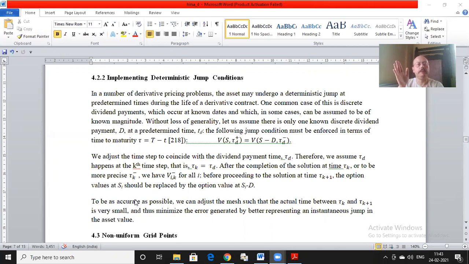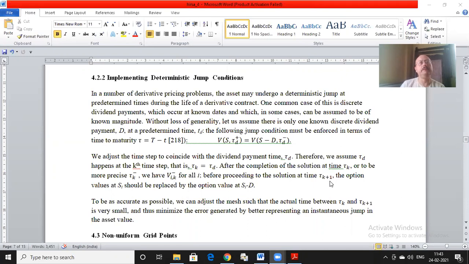So what is happening at tau K? When I am doing my computations, as long as I am before tau K, there is no adjustment required. So up to just before tau K, I can calculate the values for all i, no problem, because there is no change in the underlying. As soon as I cross tau K, when I am going to calculate my values for tau K plus 1, the next point on the grid, then the adjustment has kicked in, because now I am in the pre-dividend time.